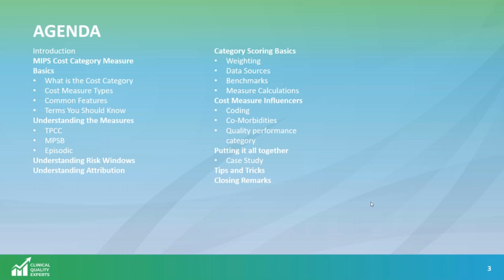There are 3 separate areas here in the cost category, and we'll go into those. We'll look at risk windows, attribution, scoring basics, cost measure influencers, and then we're going to put all of this together with a case study and tips and tricks. And then you'll be relieved to hear our closing remarks at the end, no doubt.